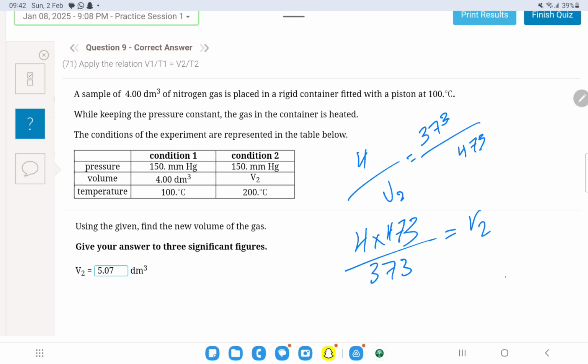You can put it in your calculator. I just cross multiplied, 4 times 473 over 373. You get 5.072. They wanted 3 significant figures. If I round it, it stays 5.07.